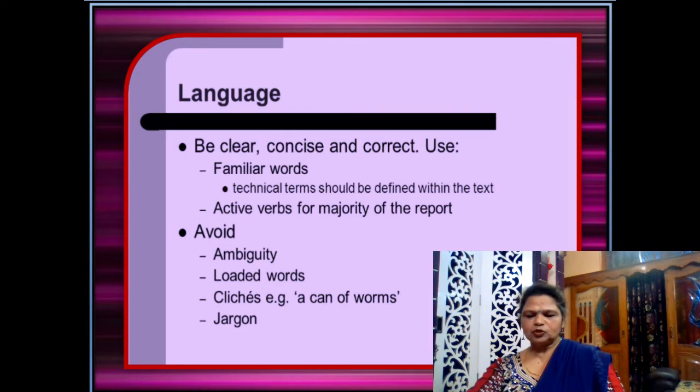Technical terms should be defined within the text. Active words for the majority of the report must be used. So, as I told you, ambiguity, loaded words, clichés, for example, a can of worms, and jargon. These all must be avoided.